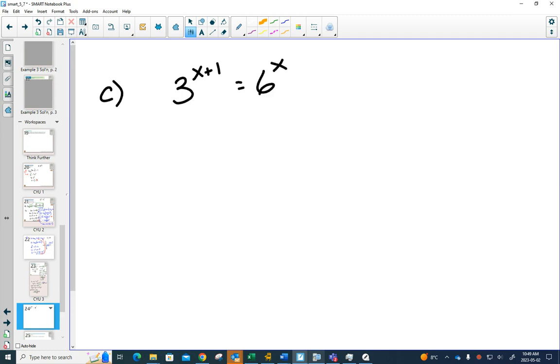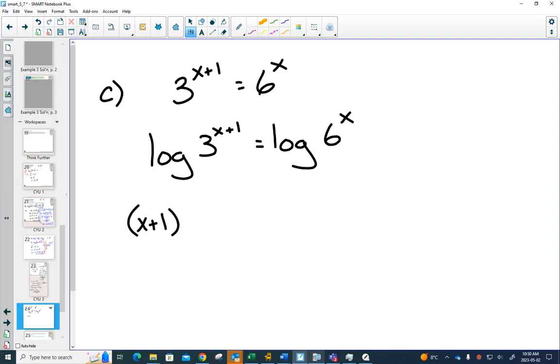And what's different about this one is there's x's in the exponents on both sides. It's still an exponential equation. We're still going to solve this by taking the log of both sides. And since this exponent is to the entire thing, we can use the log law and bring it out in front.